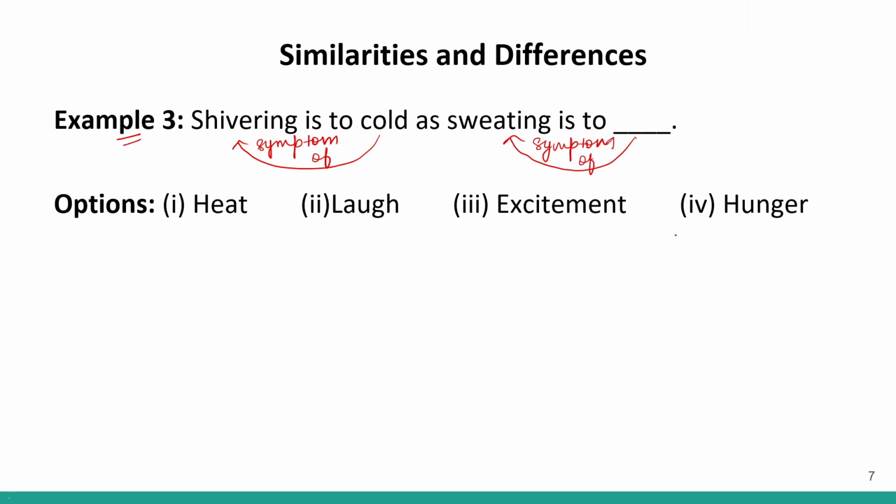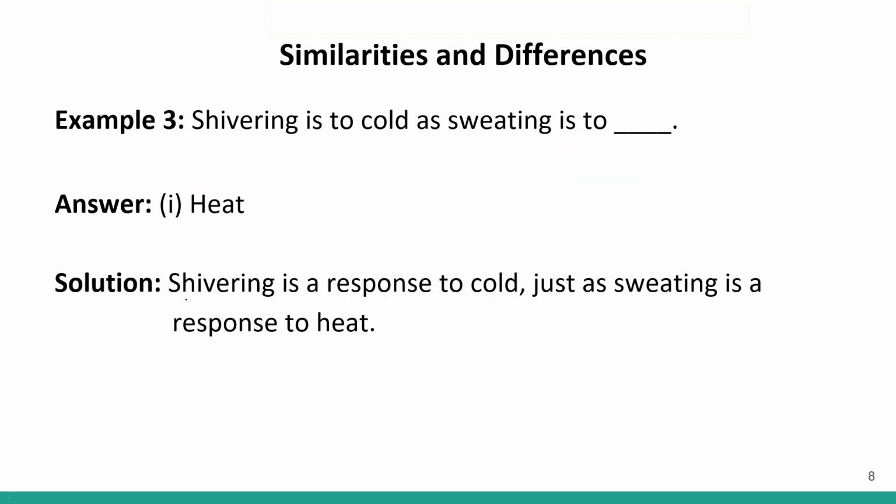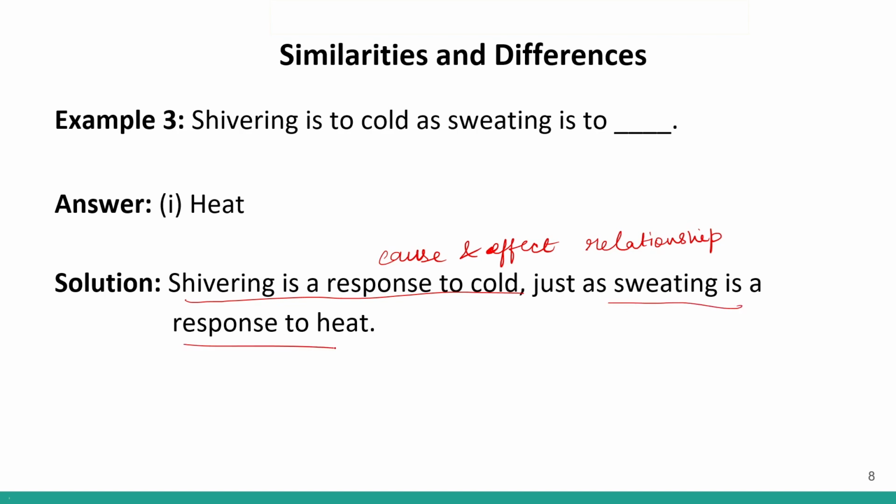Okay, so out of all the options, only heat is a word whose symptom is sweating. So our answer will be option number 1, heat. So shivering is a response to cold. So this was a cause and effect relationship. This we studied in detail when we were studying analogies, right? Just as sweating is a response to heat.